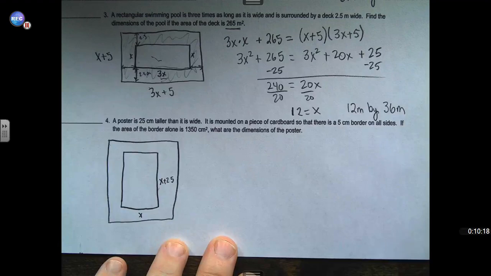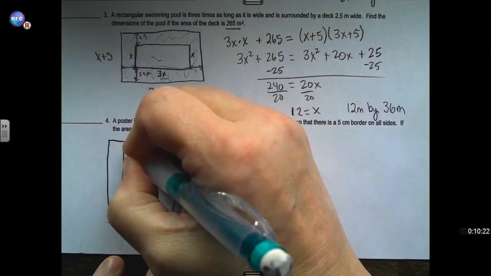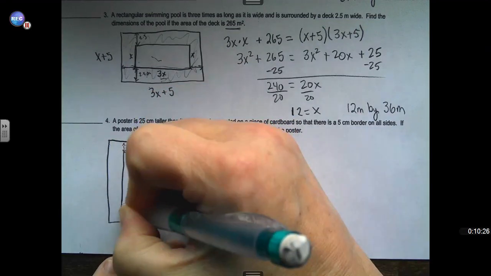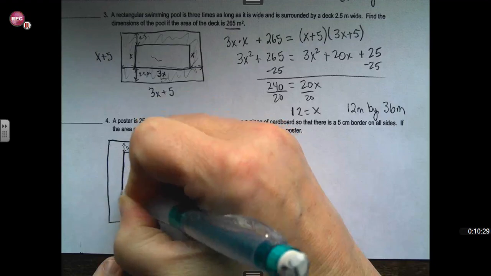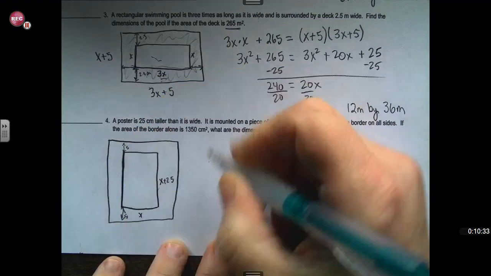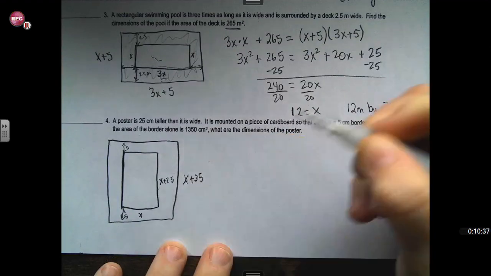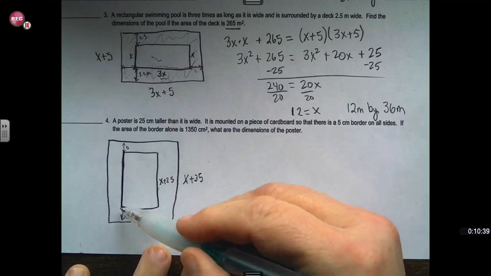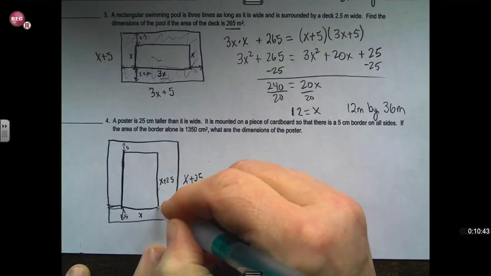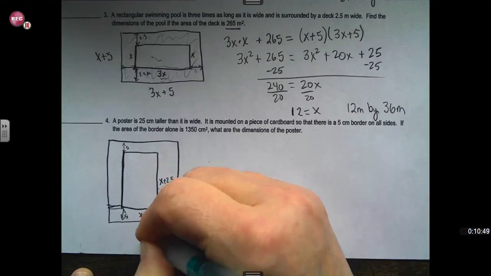That's not a good looking frame, is it? And so, it's 5 centimeters here, it's 5 centimeters here, which means I'm adding 10 centimeters to this length, and that length is x plus 25. So this new length is x plus 35. And then down here, this is 5 centimeters here, and this is 5 centimeters here. So I'm adding that to x. So this is x plus 10.